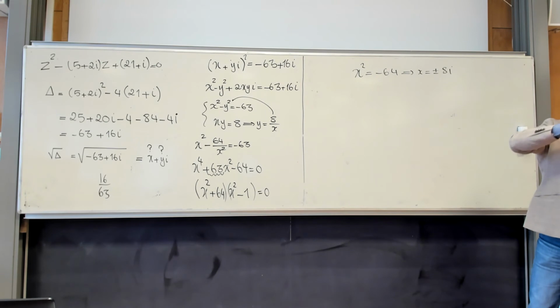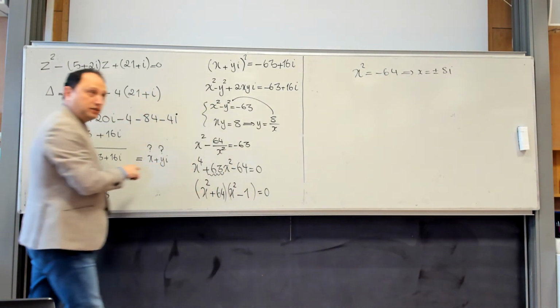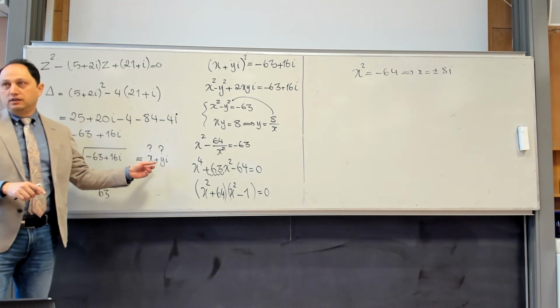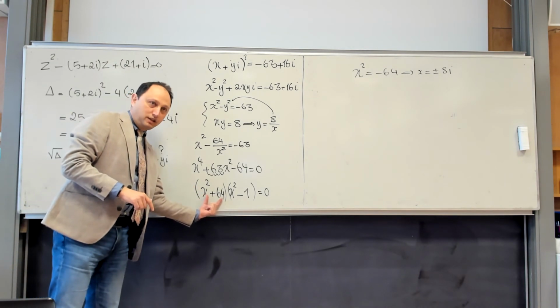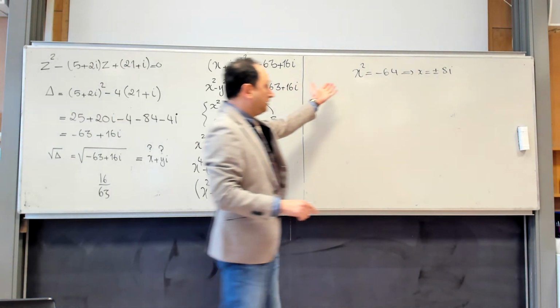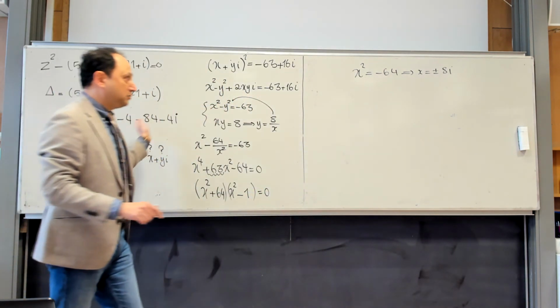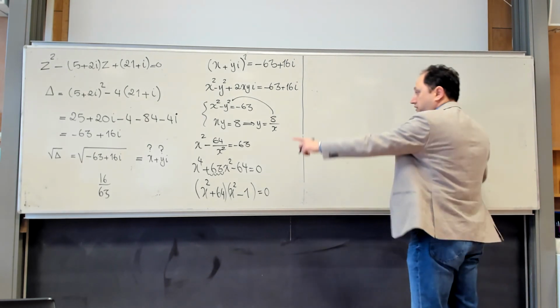X should be a real number. A real number. Yes, I told you several times. When you use this method, the Cartesian method, you are assuming that x and y are real. So when I am assuming x and y are real, there is no solution in the set of real numbers for this. So even though this calculation, without knowing that you are working in this context, is correct, in this context you don't need to consider that at all, because x and y are assumed to be real.